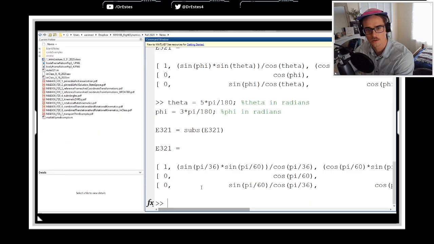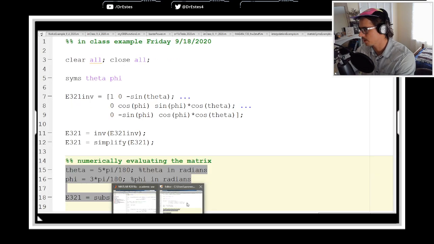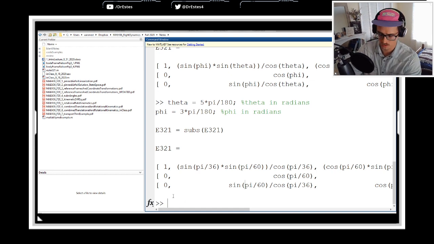Okay, so we see that those numbers for theta and phi are plugged in here. Now this still isn't exactly where we want it to be. Actually, I'm curious. Let's just make a random vector and see if I can multiply. So I'll call this like 1, 2, 3.